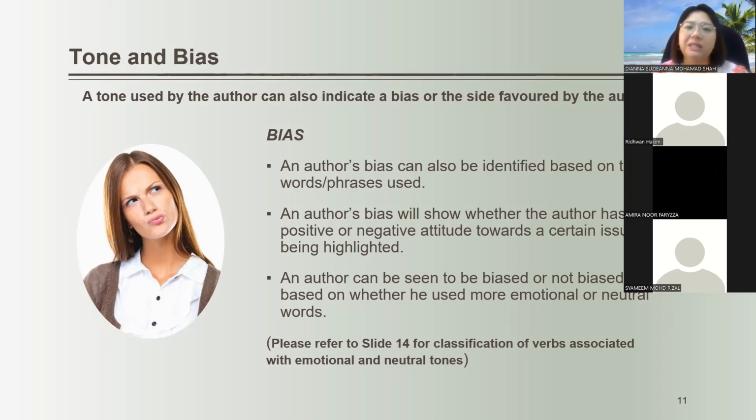Okay, for example, you give 3 advantages of having an ebook as well as 3 advantages of having a printed book. So that's not what we call bias. You are just giving the points.